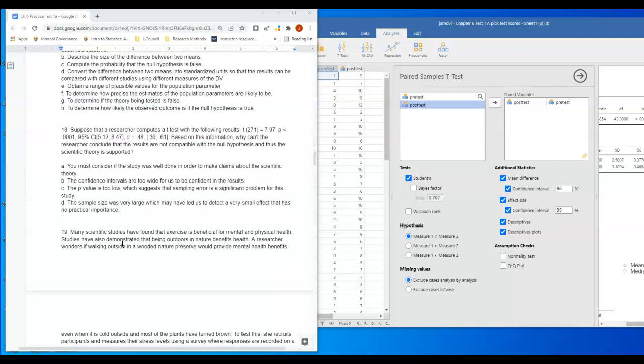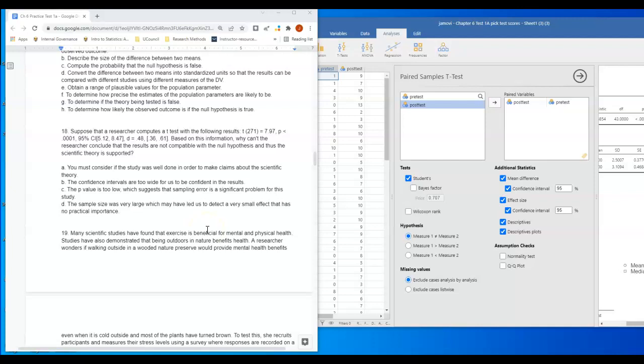Okay, next for number 18, we have: suppose that a researcher computes a t-test with the following results. Now, based on this information, why can't the researcher conclude that the results are not compatible with the null hypothesis and thus the scientific theory is supported? And in this case, the p is less than 0.001, which is strong evidence that the data results are not just due to sampling error, right?